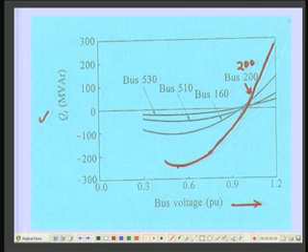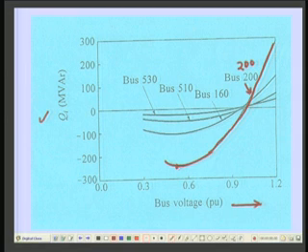You can see that this is the point where, if you find the slope, that is dQ/dV, then this dQ/dV is 0. That is, at this point the slope of the curve is 0. Now, dQ/dV equal to 0 means that if you increase the reactive power injection, voltage does not change.